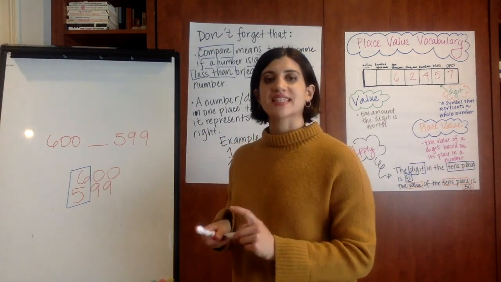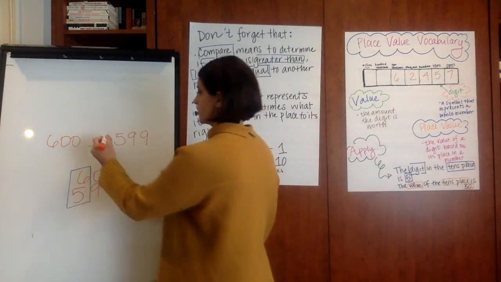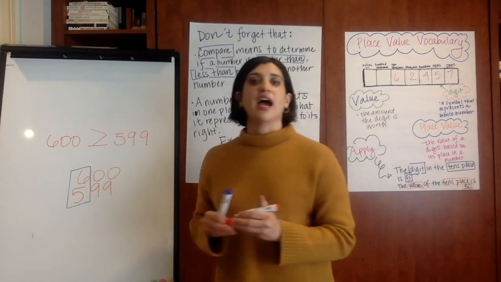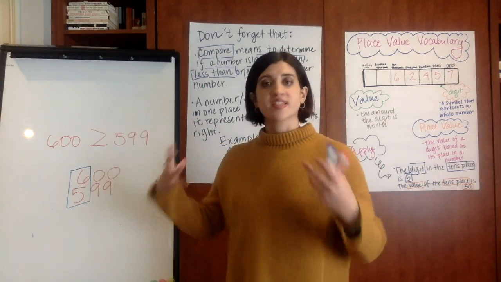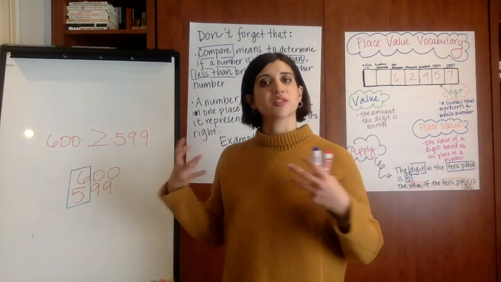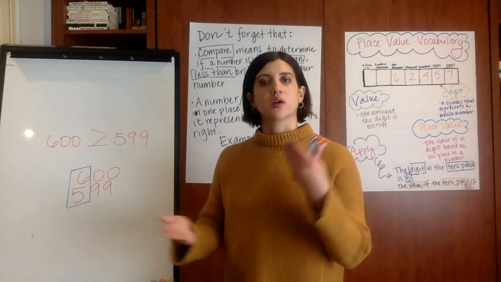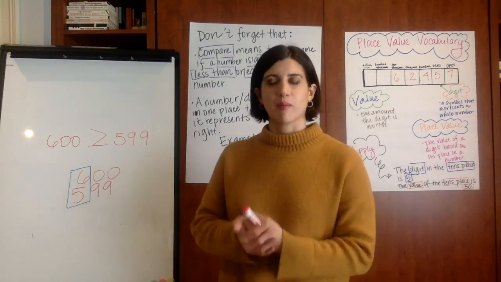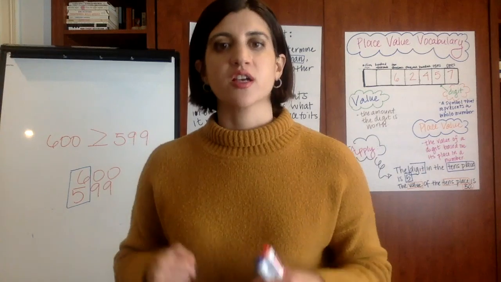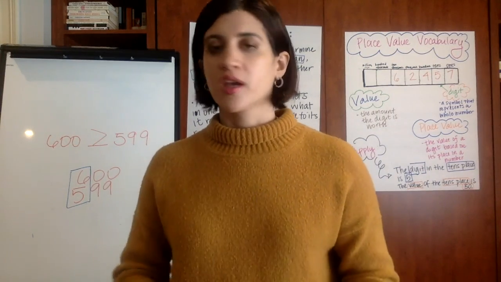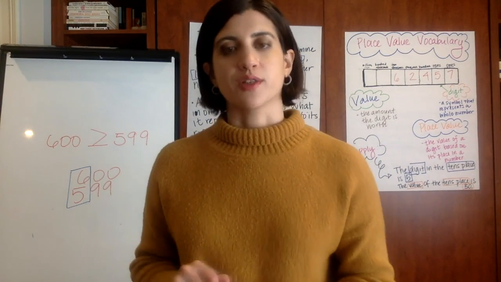That tells me that 600 is bigger than 599. And this is important. We tend to look at zeros and then we see numbers like 9, and we get confused. Again and again, I want you to remember, the place value tells me how much the digit is worth, not the amount of digits in the number.